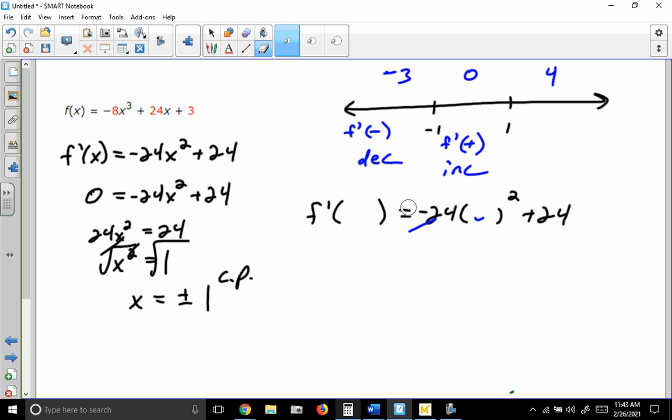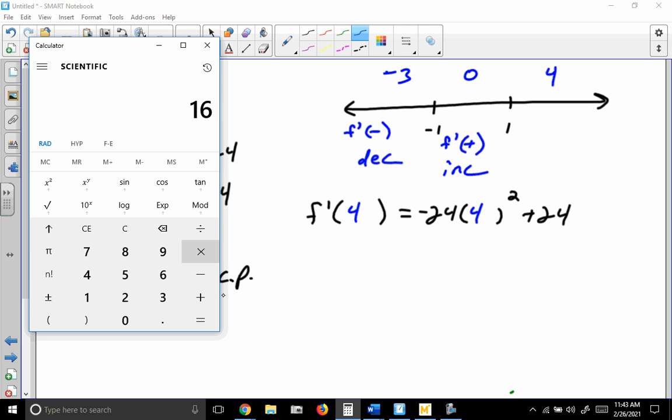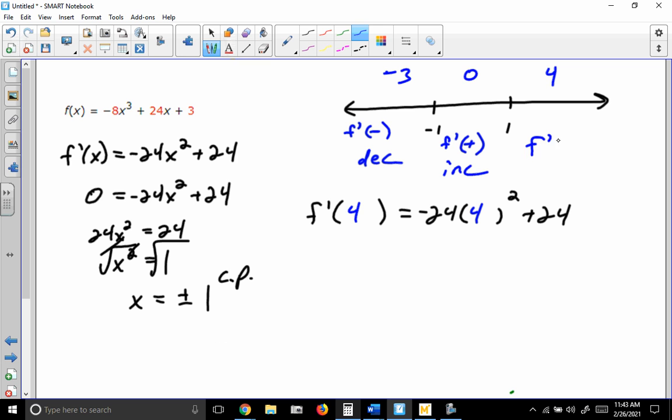And then in our third interval, if we put a 4, we get 4 squared is 16 times negative 24 plus 24. Of course, that's going to be negative. So our first derivative is negative in that interval. So our slope is going down.